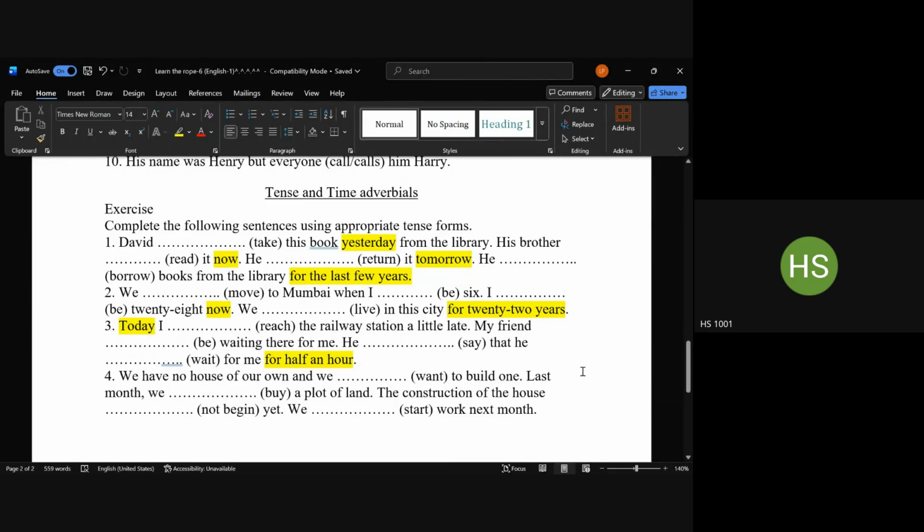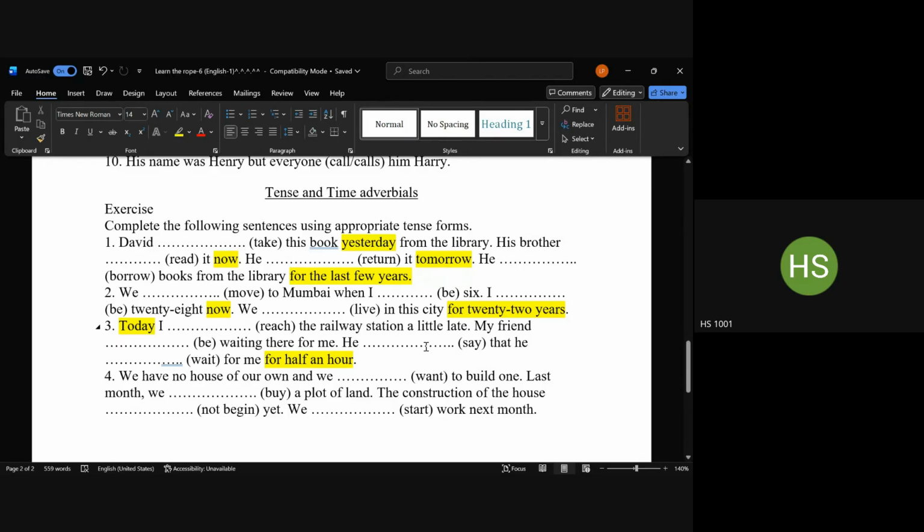So he said that he has been waiting for me for half an hour, or he had been waiting for me for half an hour, because you've already mentioned it in the previous past tense. Do not forget the perfective form and the continuous form when you're talking about time adverbials with for and since. It's very important.